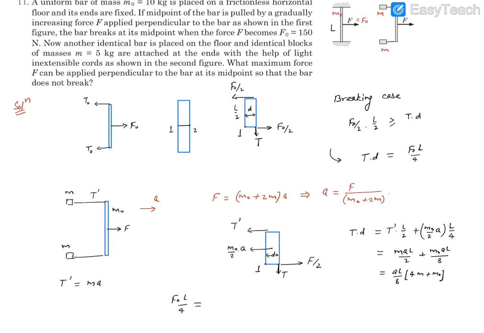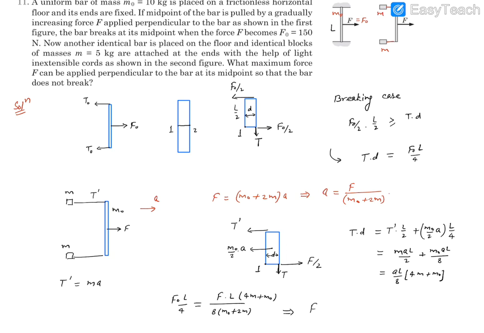A can be written as F divided by (m naught plus 2m) into L, and there is L as well, and there is (4m plus m naught). From here we can find the value of F.